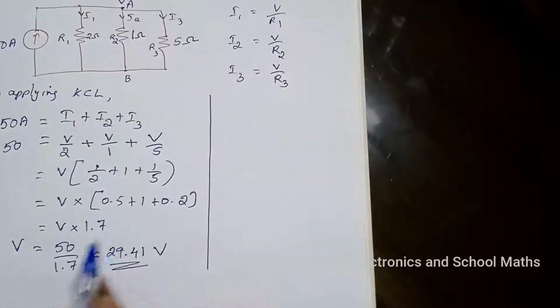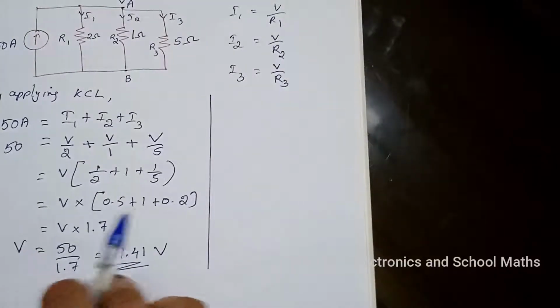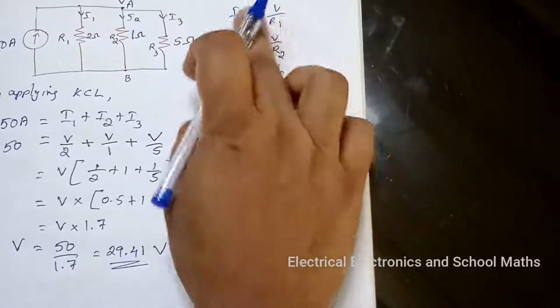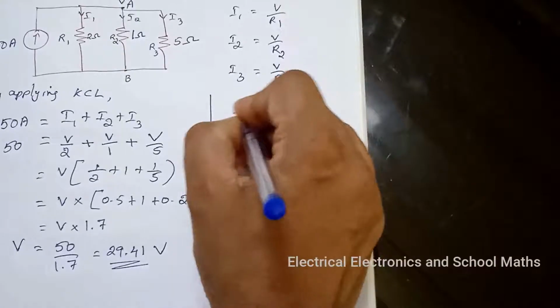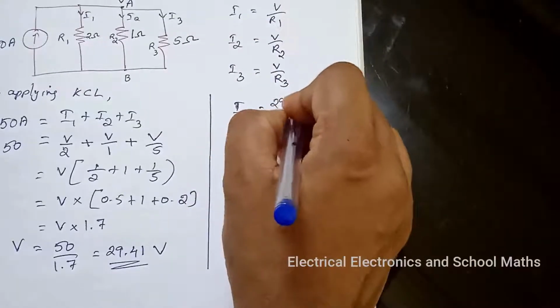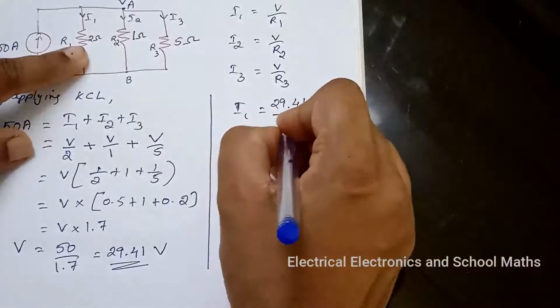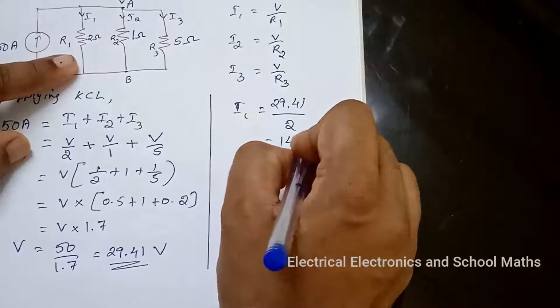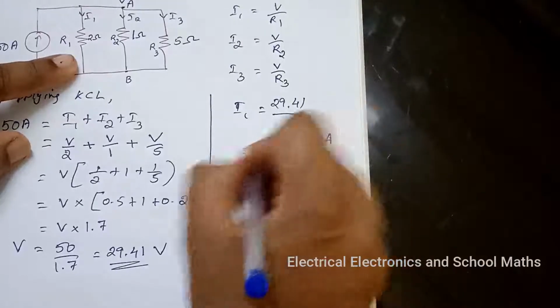After getting the value of V, substitute in the current values. I1 is equal to V by R1, that is 29.41 divided by R1 which is 2, and we get 14.71 ampere.